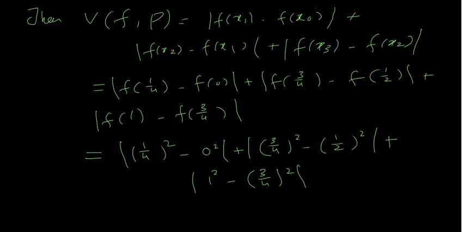It's 3 by 4 whole square minus 1 by 4 whole square actually, because this is f of x2 minus f of x1. First is f of x1 minus f of x0. Its next point is 3 by 4 minus 1 by 4 here. Okay, not 1 by 2. 1 by 2 is not a partition point.